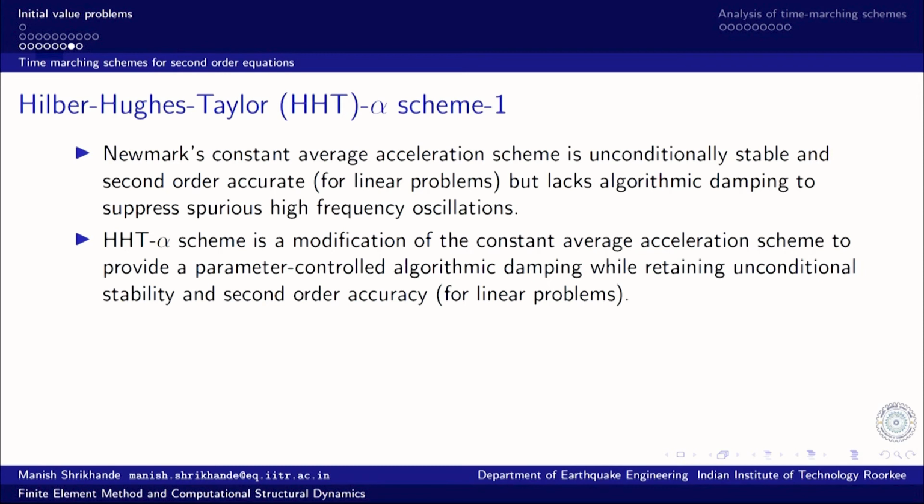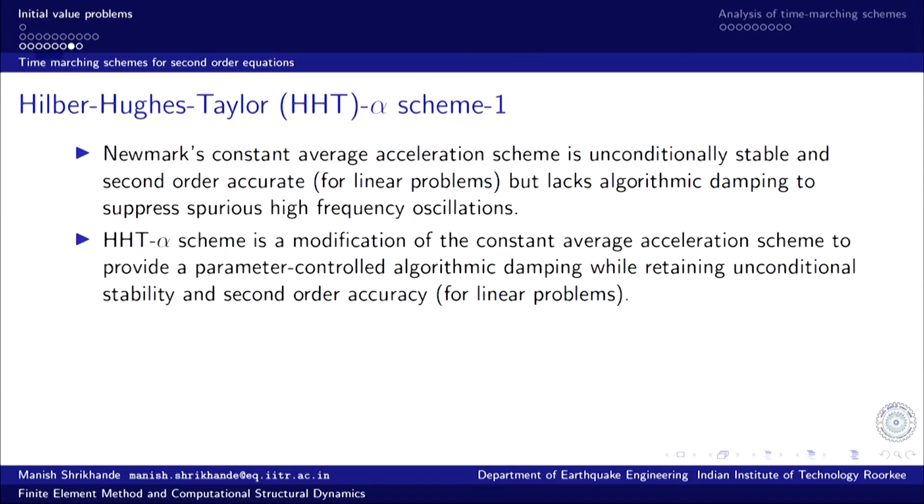It is essentially the addition of one more term, a modification of the Newmark beta scheme to incorporate this parameter controlled algorithmic damping, while retaining the desirable property of unconditional stability of the solution scheme.